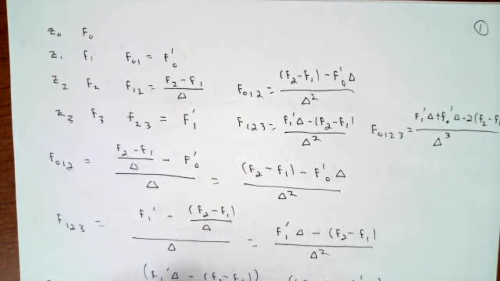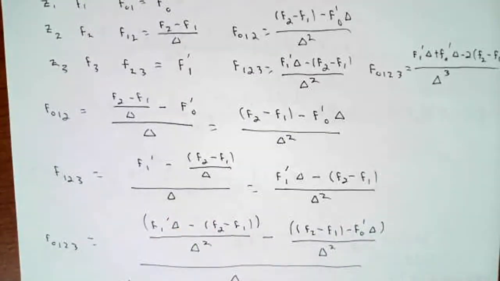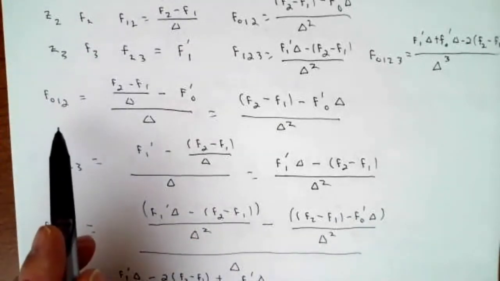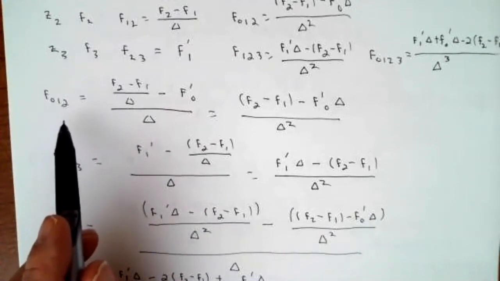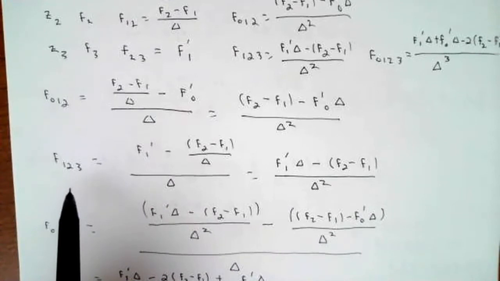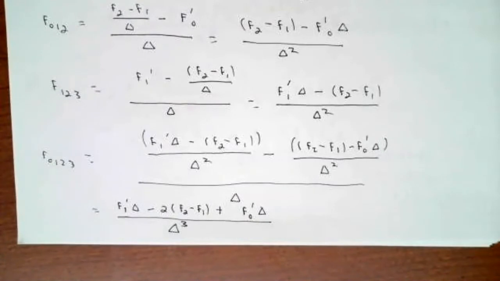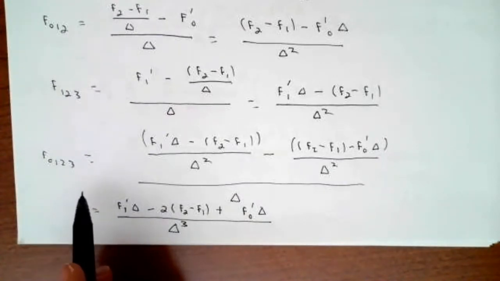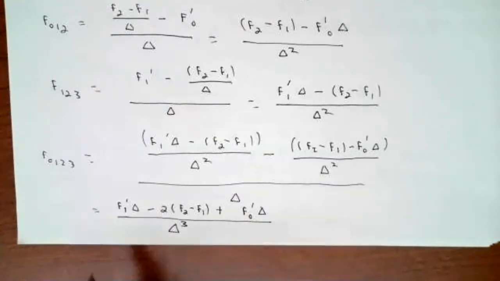By using our recursion formulas, I can figure out the divided difference based on z0, z1, and z2, also z1, z2, and z3. Once I know those, I can put them back in the recursion formula and figure out the divided difference based on z0, z1, z2, and z3, which I've simplified in this form.